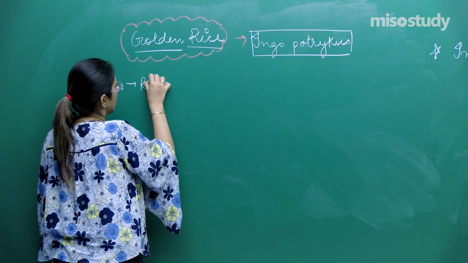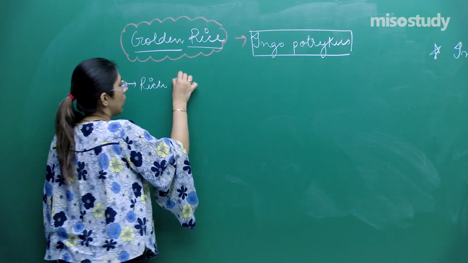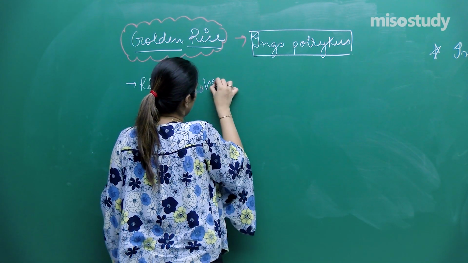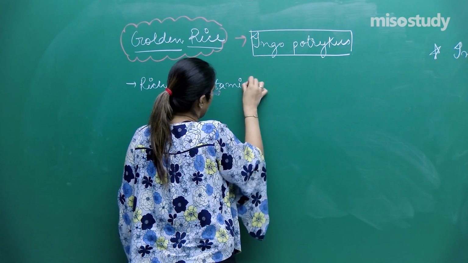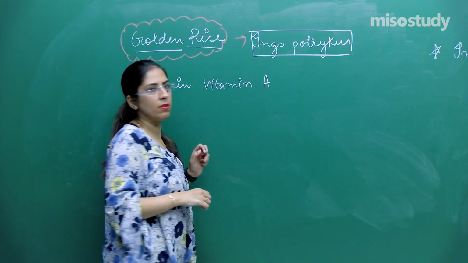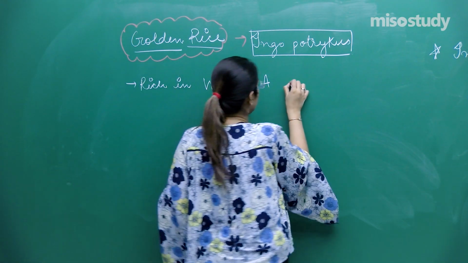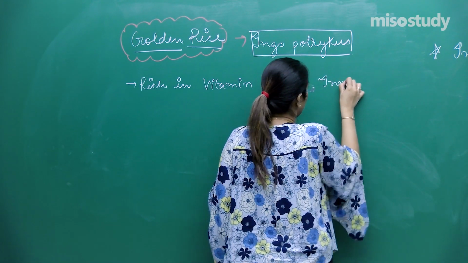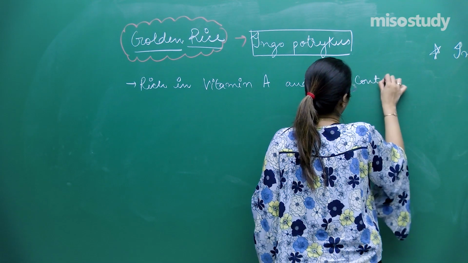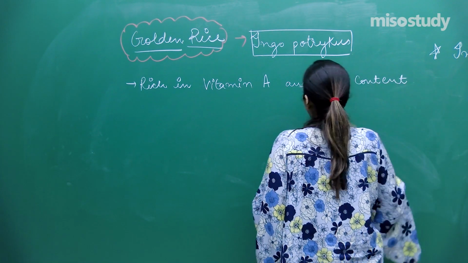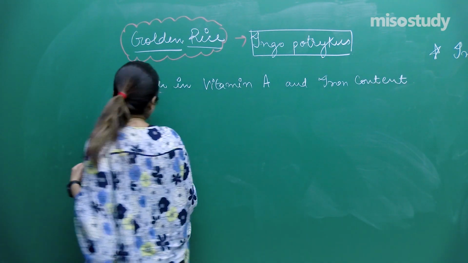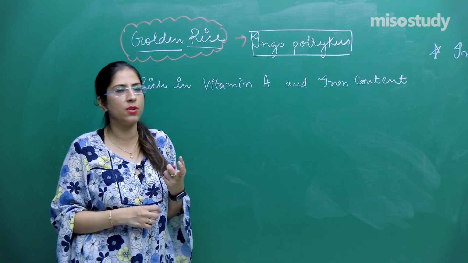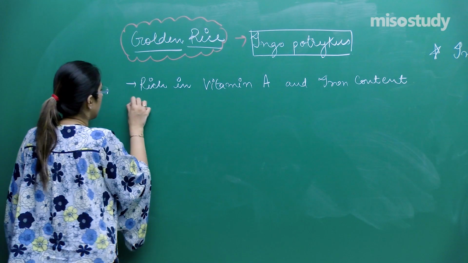Rich in vitamin A, rich in vitamin A and iron content. Right, they are rich in the vitamin A and the iron content that help in absorption of the beta carotene, right.